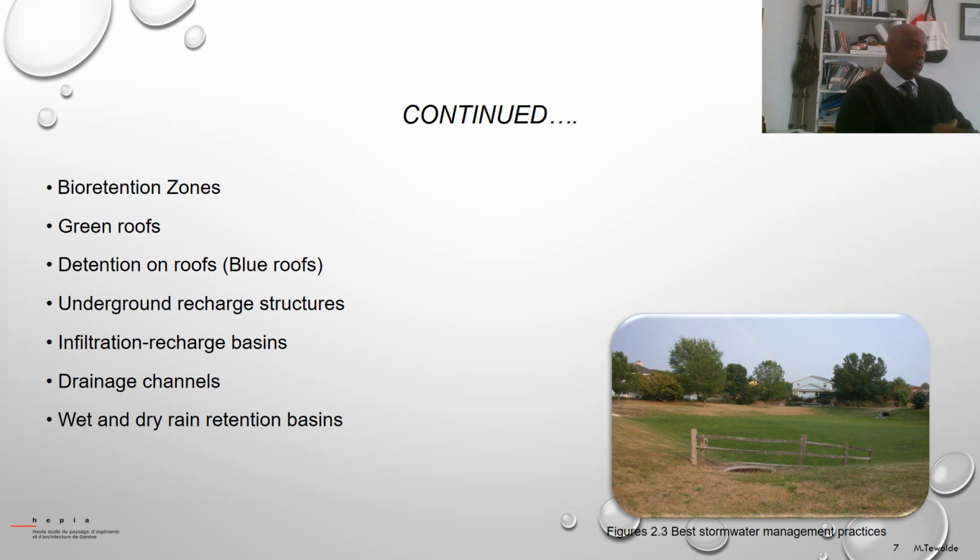The other is constructing a pond or retention basin like this one. Maybe it is a wet pond or a dry pond. A wet pond is like a dam, for example, which always contains water.